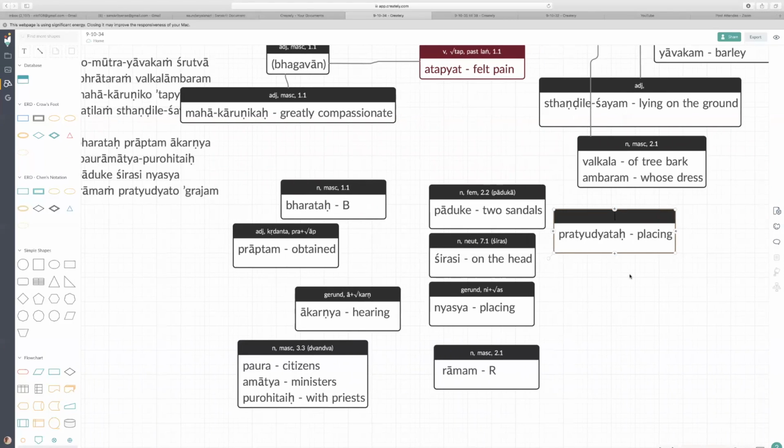It's not something that we see quite often, but anyway, I'll tell you, it's a present active participle. The suffix that makes it into a participle is at, and the verb root is i, which means to go. Now the root is prefixed by ut and prati. So prati ut i becomes pratyudi.